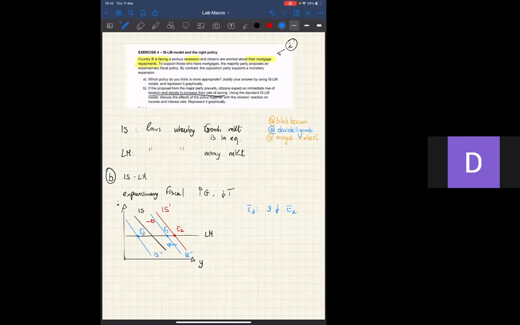Why is that? Because if their expectations are so magnified, it could also be like the first point. Basically, the citizen reaction can be proportionate or also disproportionate in terms of what their expectations are.